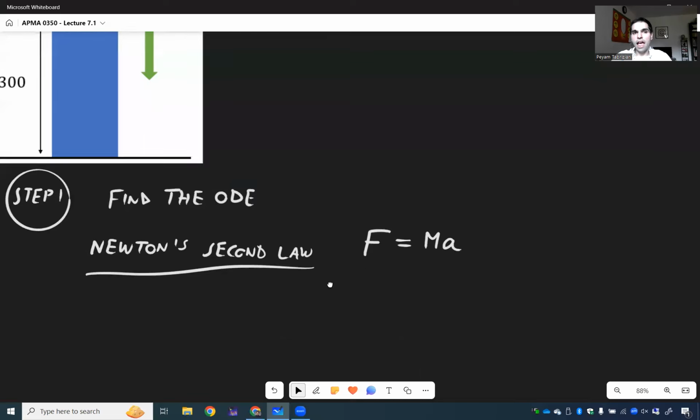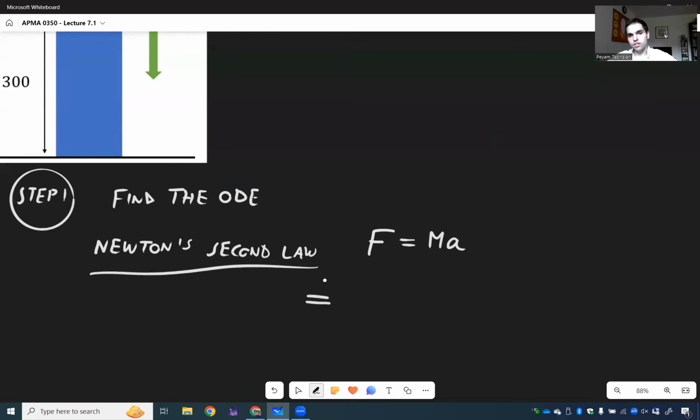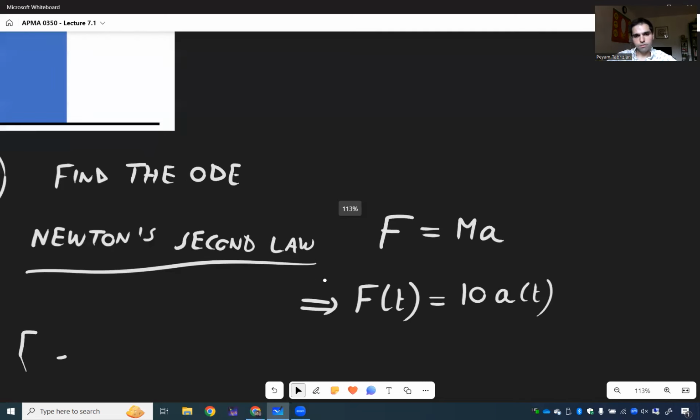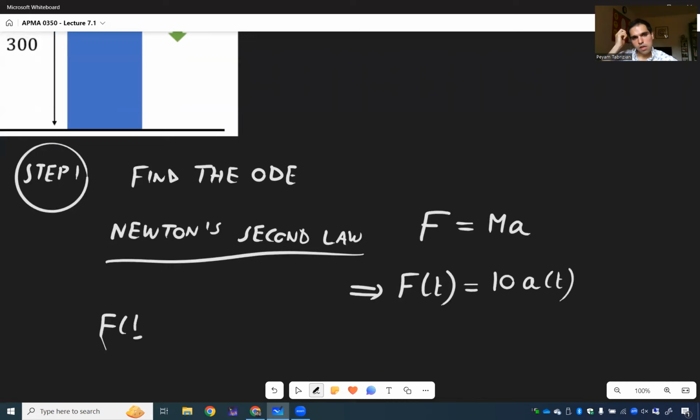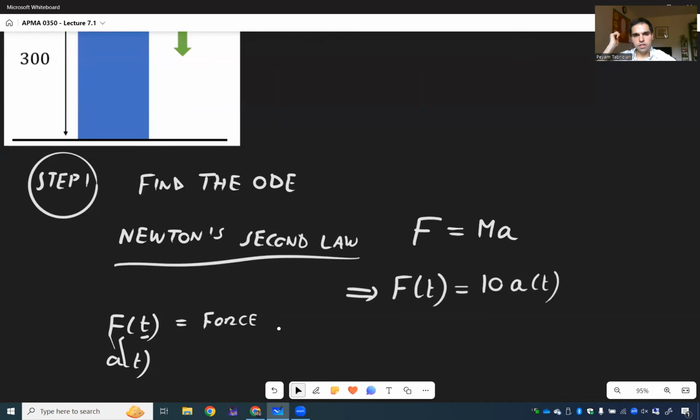So in particular, F, force, which depends on time, F of t equals, so mass is 10, so 10a of t, where F of t is the force acting on the object, and a of t, which is the same thing as the derivative of velocity, is the acceleration.